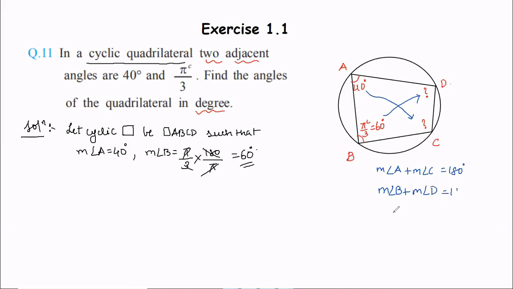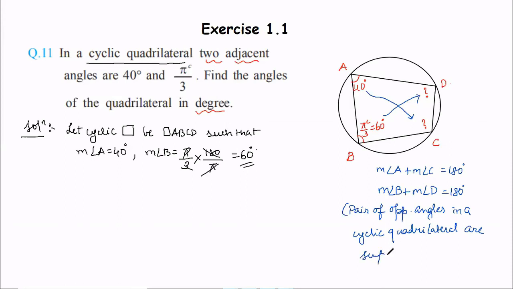So this property is called: pair of opposite angles in a cyclic quadrilateral are supplementary.